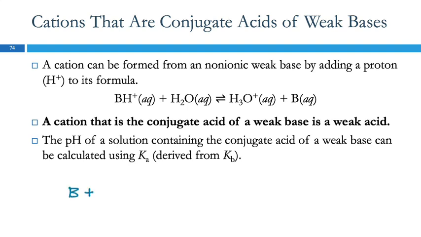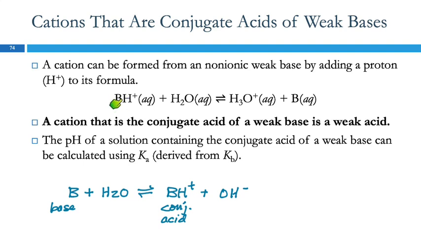When we looked at weak bases, we said you put them in water, and they'll take a hydrogen ion and leave hydroxide. This is the base. This is the conjugate acid. So this is the conjugate acid of a weak base. It can act like an acid.